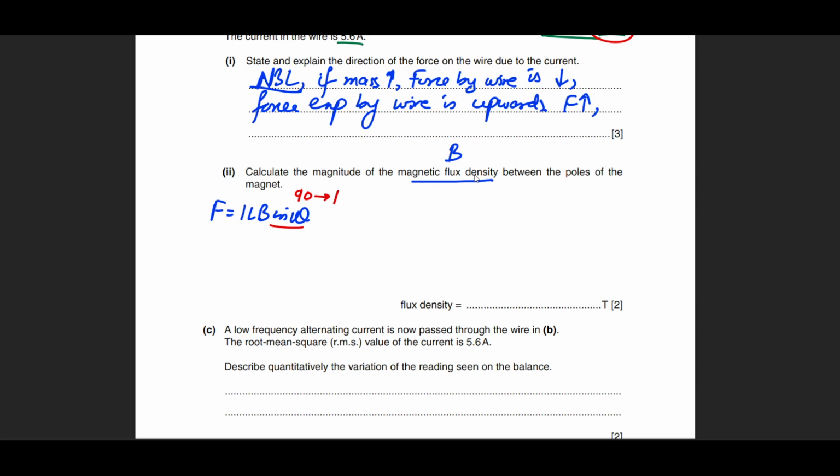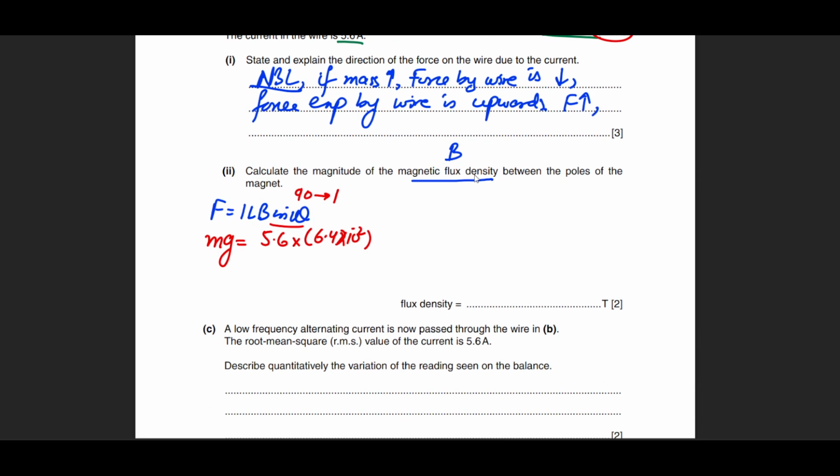The weight has to be converted in the form of mg, which is equal to current, which is 5.6, multiplied by the length, which is 6.4 into 10 raised to the power -2. Please convert lengths into meters. Then multiply with B. So everything gets on the other side and divided by mg. Mass is 2.4 grams, so I have to convert this into kg. And then g is 9.81.